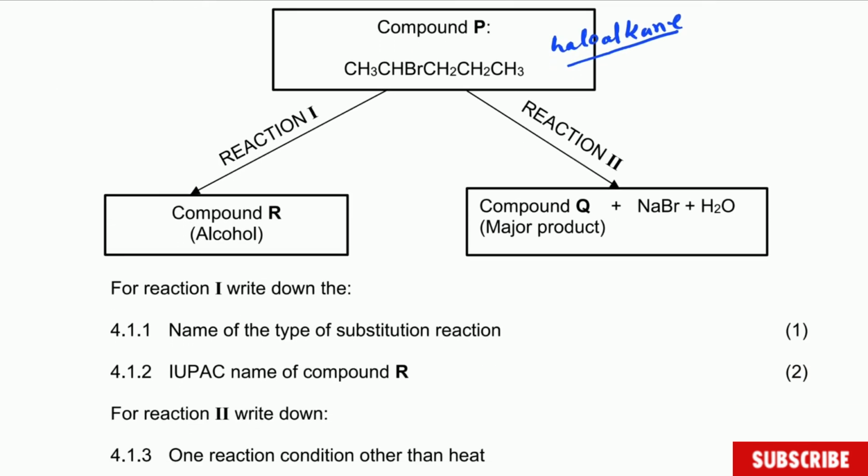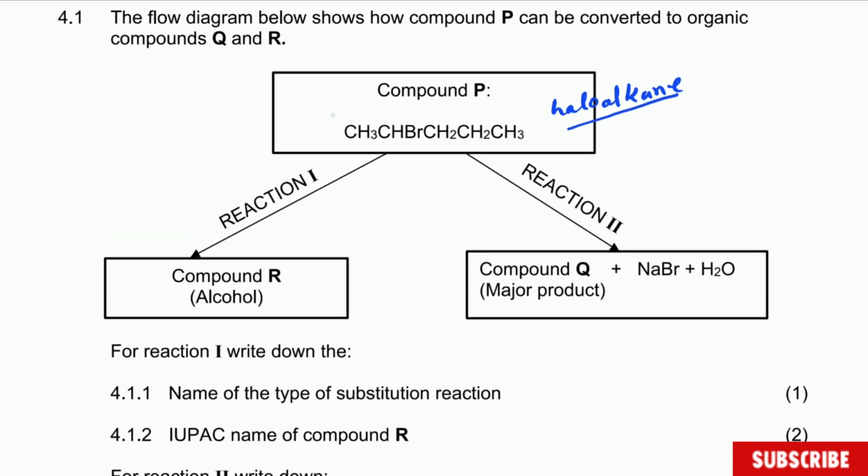The question says for reaction 1, write down the name of the type of substitution reaction. So they are telling you substitution. Indeed, compound P is all single bonds, it is a haloalkane, and an alcohol is also single bonds. If you go from single bond to single bond, that reaction is substitution.